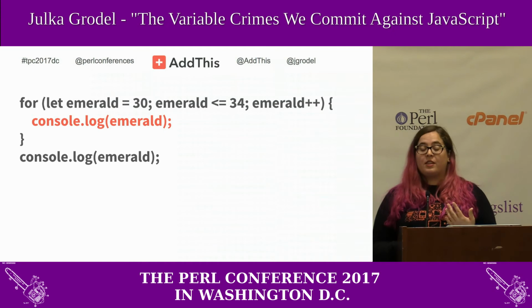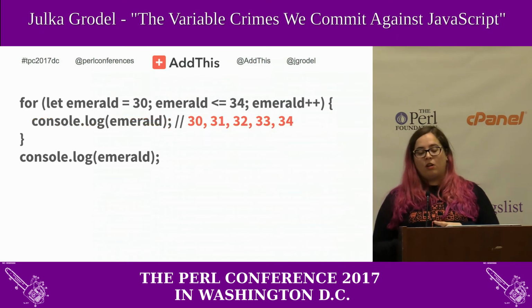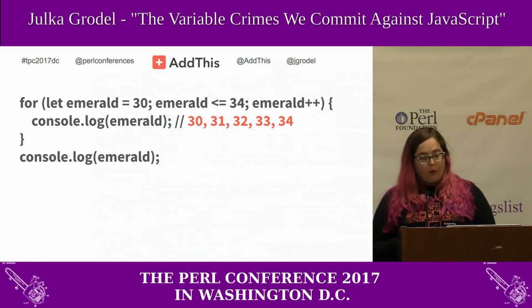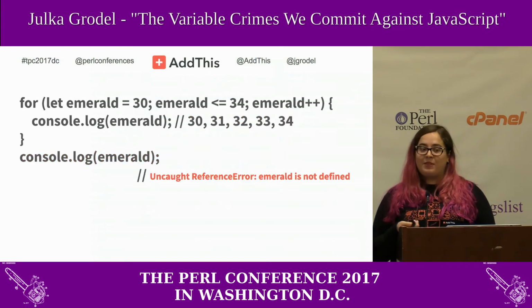And then it'll check to see if emerald is still smaller than or equal to 34. And it'll continue this on. And it'll console log out 30, 31, 32, 33, 34. Then it'll increment again, and it'll see that 35 is now not smaller than or equal to 34. But when I come back out and I ask for emerald, it hasn't been defined.